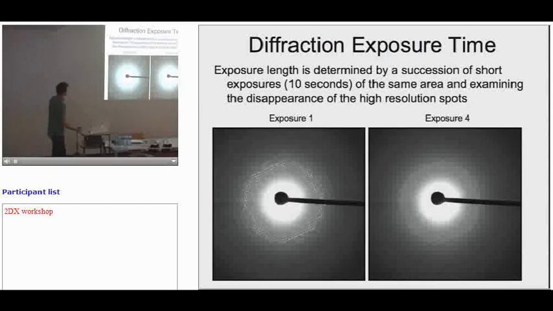The other thing is the diffraction exposure time. Because every crystal can withstand a slightly different amount of radiation, and your exposure isn't going to be identical every time, what you can do is take a series of exposures of the exact same crystal for a short time, 5 or 10 seconds, and then look at the loss of the high resolution spots. You can see here, after 10 seconds, you can see these spots, but after 30 seconds, they're completely gone.